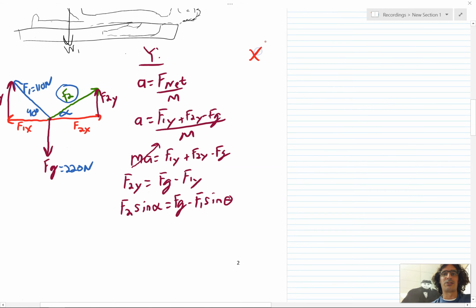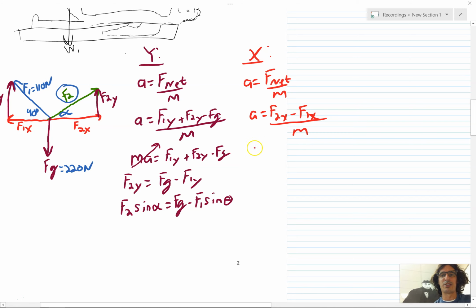Let's look at the x direction. In second law, a equals F net over m. In the x direction, we have F2x to the right, F1x to the left. a equals F2x minus F1x all over the mass.